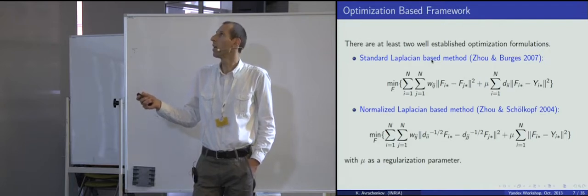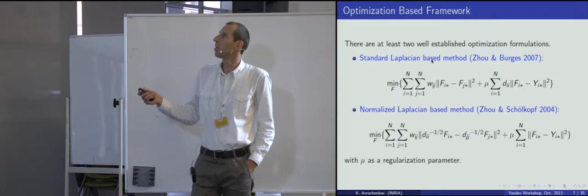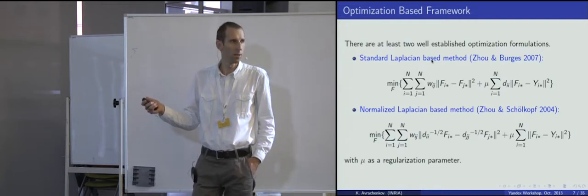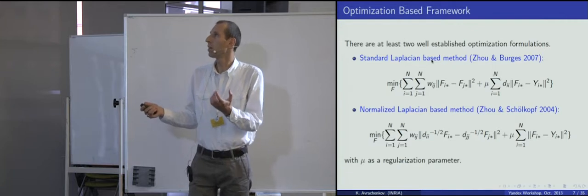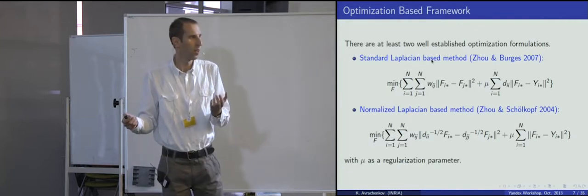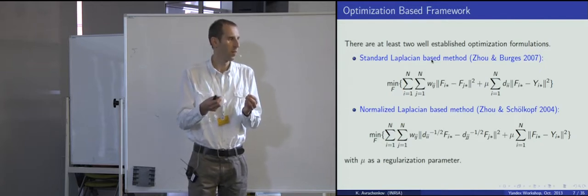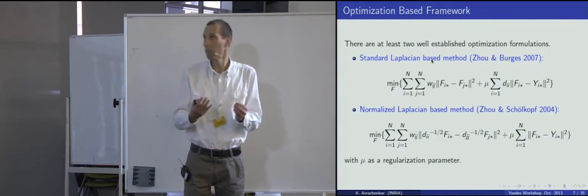However, if i and j are neighbors, we don't want this difference to be too large because we minimize. So this ensures that the values of the classification function at two neighboring nodes are close.